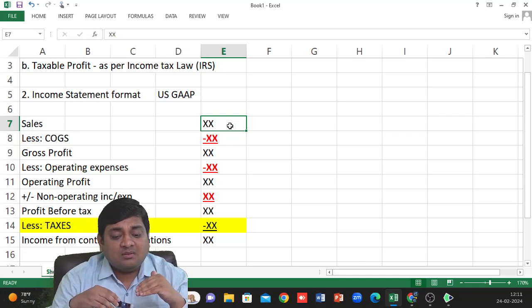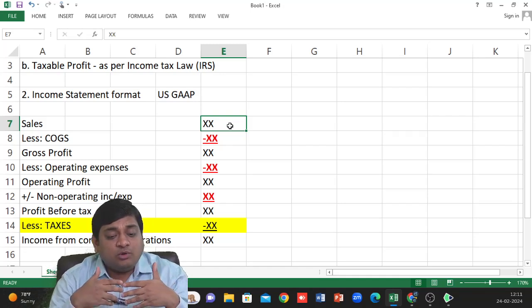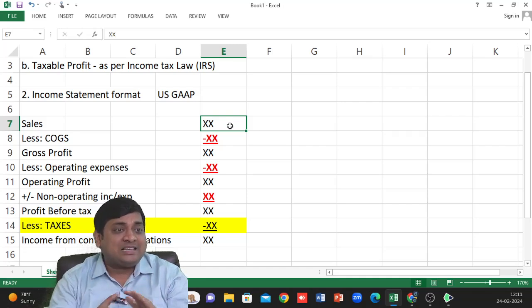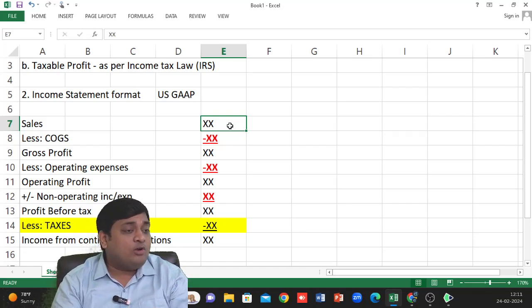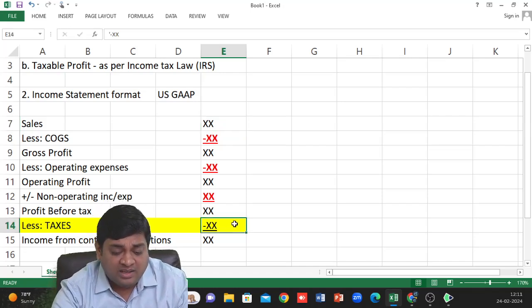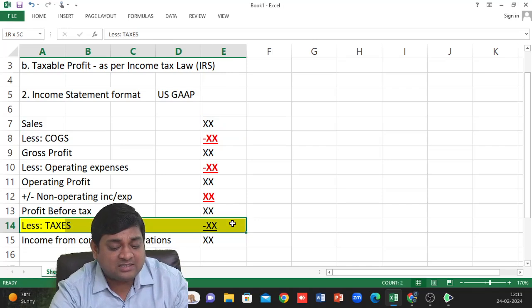So there are various items due to which my accounting profit will differ from the taxable profit. Now, how do you arrive at taxable profit? Right? Because on that taxable profit, we have to calculate these taxes.